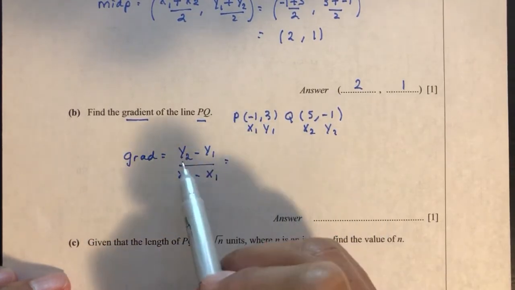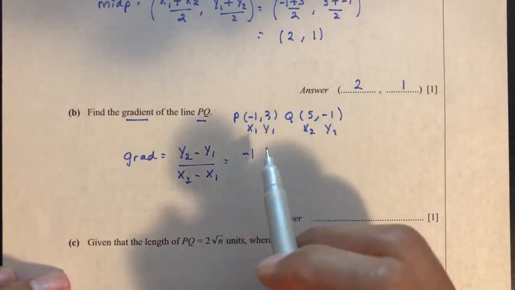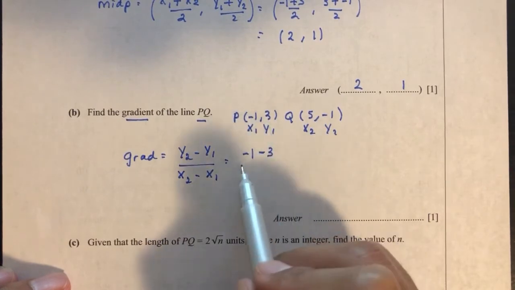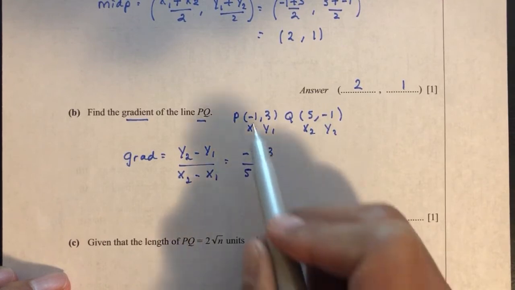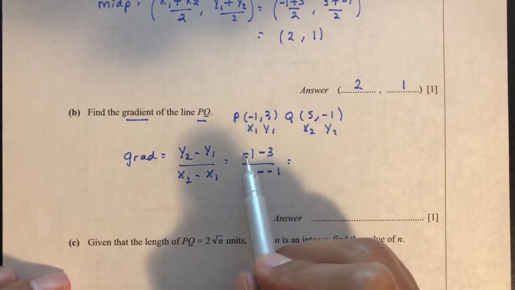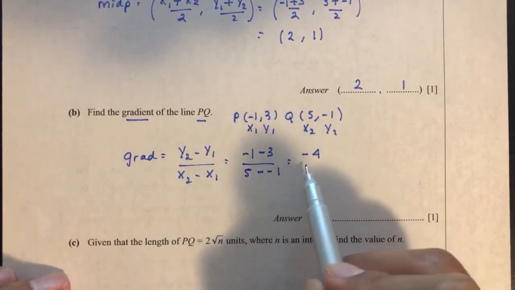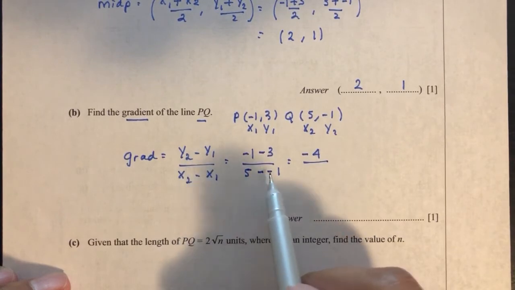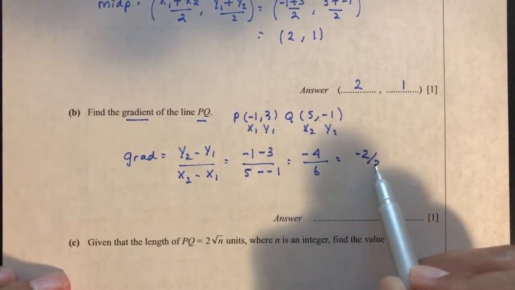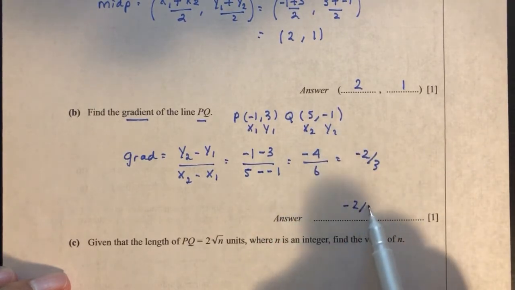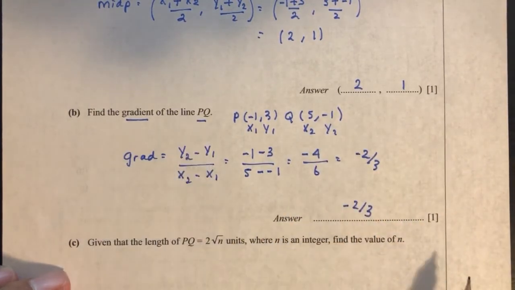So y2 is minus 1 minus 3 divided by 5 minus minus 1. So minus 1 minus 3 is minus 4 divided by 5 plus 1, which will be 6. Answer is minus 2 over 3. That will be the gradient of the line PQ.